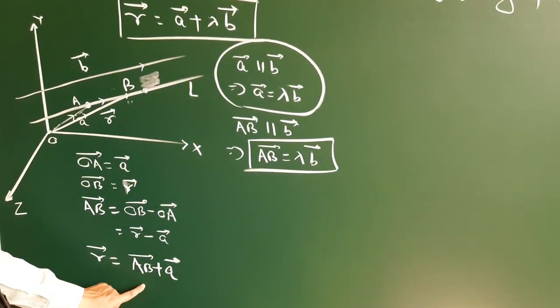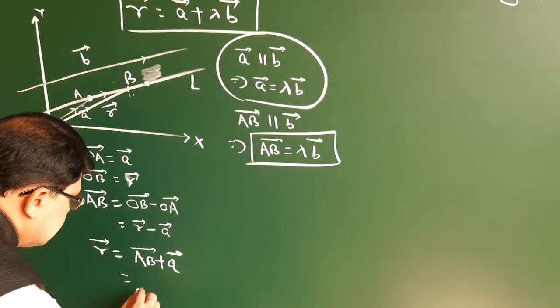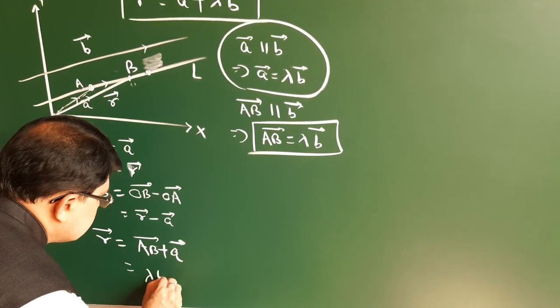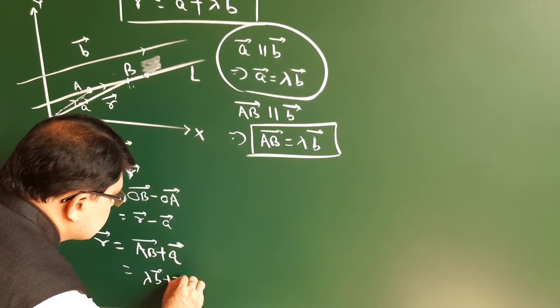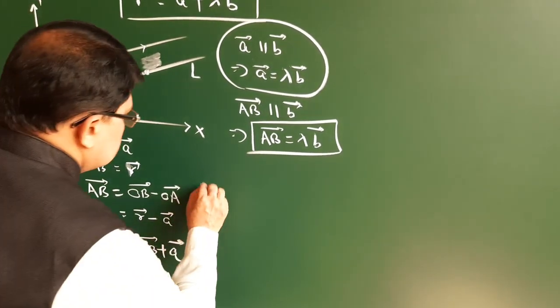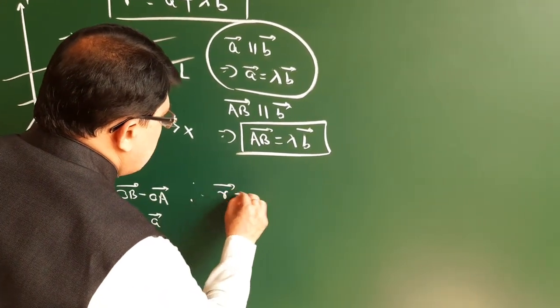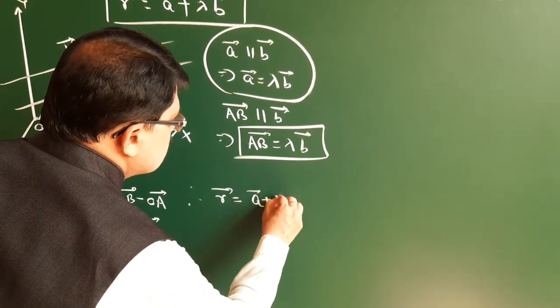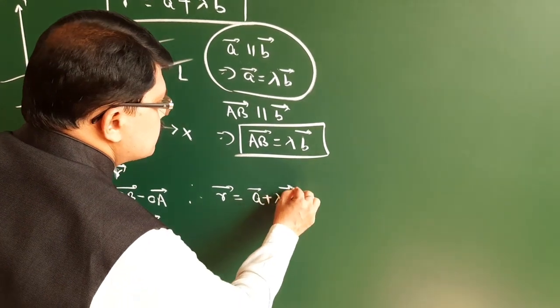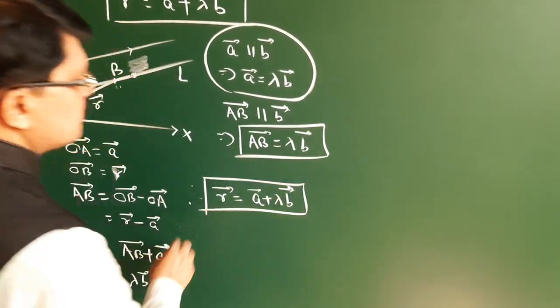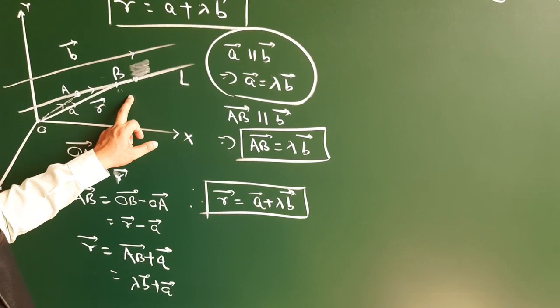Put that here: this is lambda into b vector plus a vector. Understood? Therefore, the equation of line is a vector plus lambda into b vector. So this is the equation of a line in vector form.